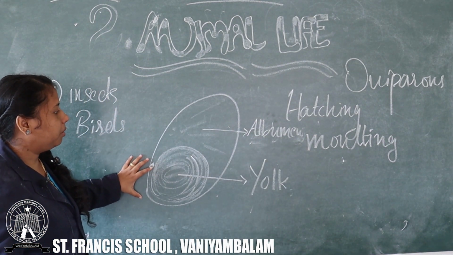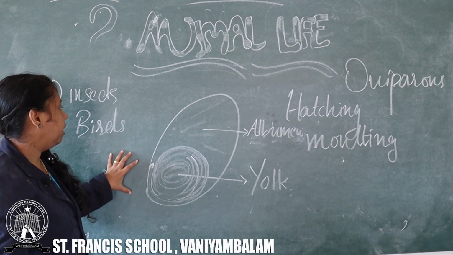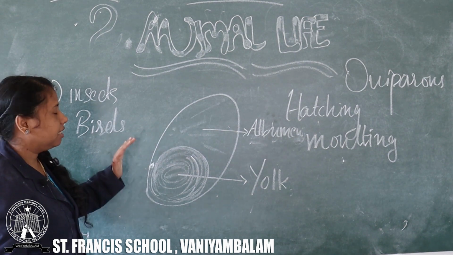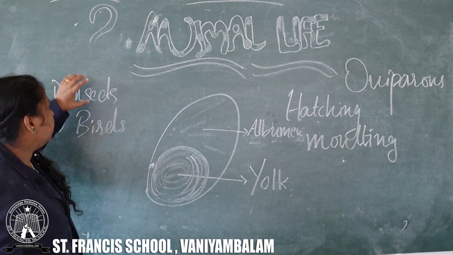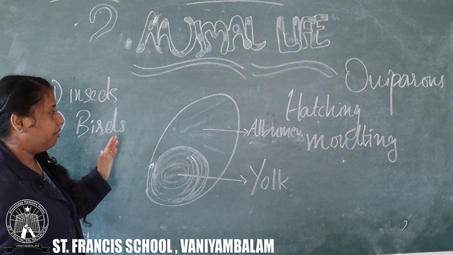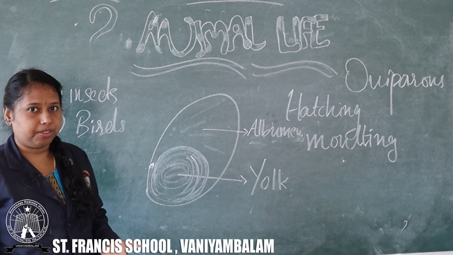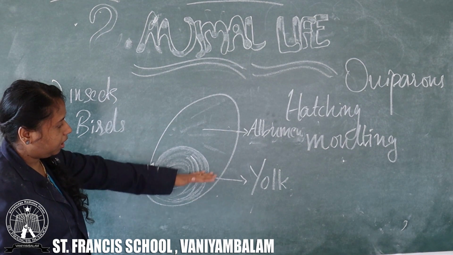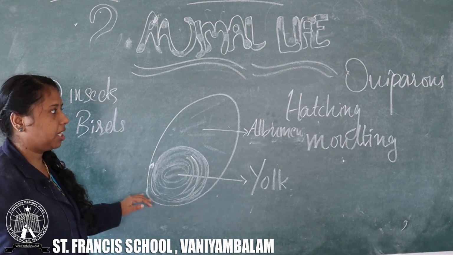So, this is about the egg of a bird. When we compare this egg of a bird with the insect's egg, it has a well developed structure. But in the case of insects, the egg will not have this type of structure. This is the speciality of birds.